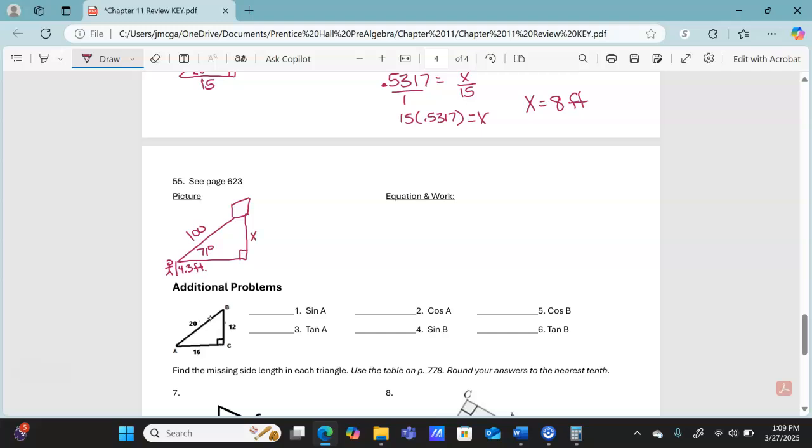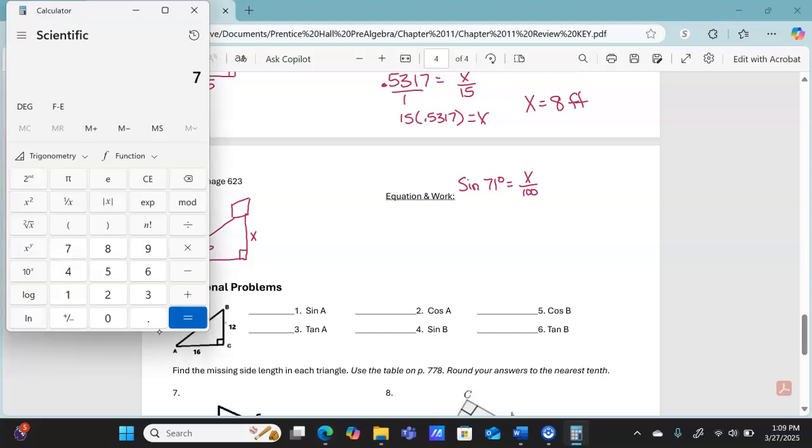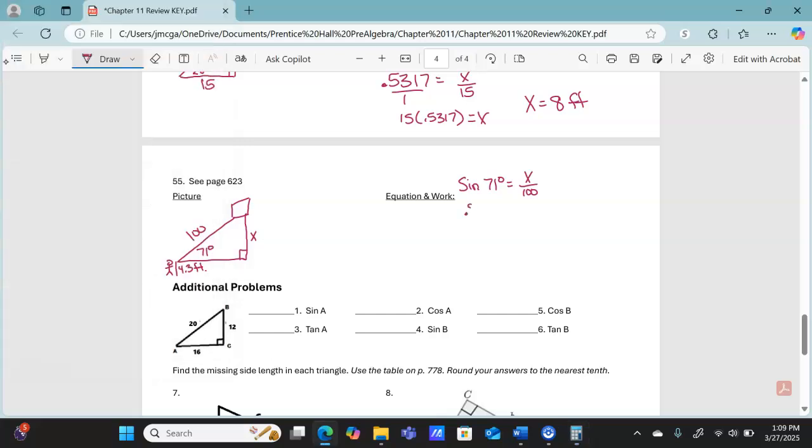So I'm going to start with this. And I've got the angle, opposite, and the hypotenuse. So that is the sine. So the sine of 71 degrees is equal to opposite over hypotenuse. So the sine of 71 is 0.9455. You can cross multiply and you would get 94.55 equals x, 100 times 0.9455.